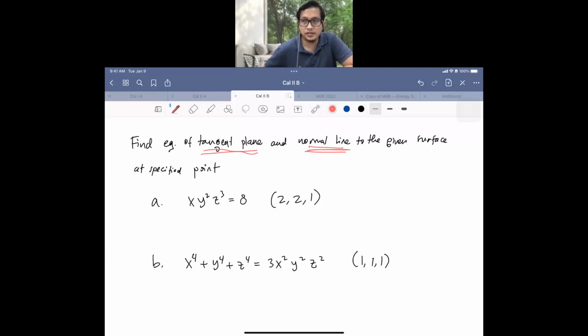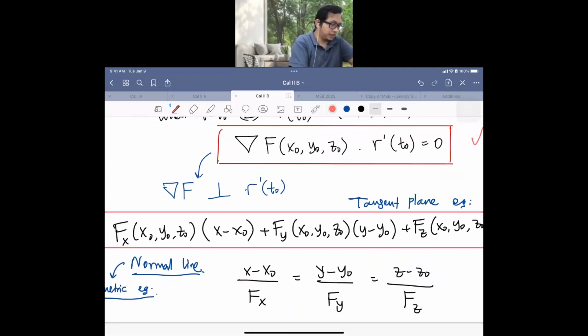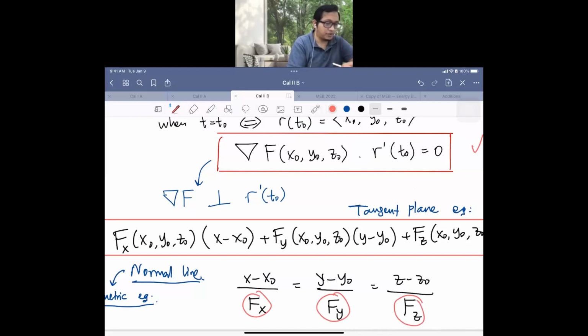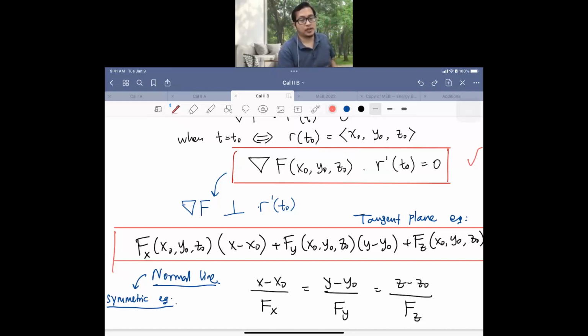Because if you look here, the denominators come from our gradient vector, our partials, and our gradient vector is our normal vector. So when we define the symmetric equations with the direction being our normal, we call it the normal line in partial derivatives. It's to avoid confusion.